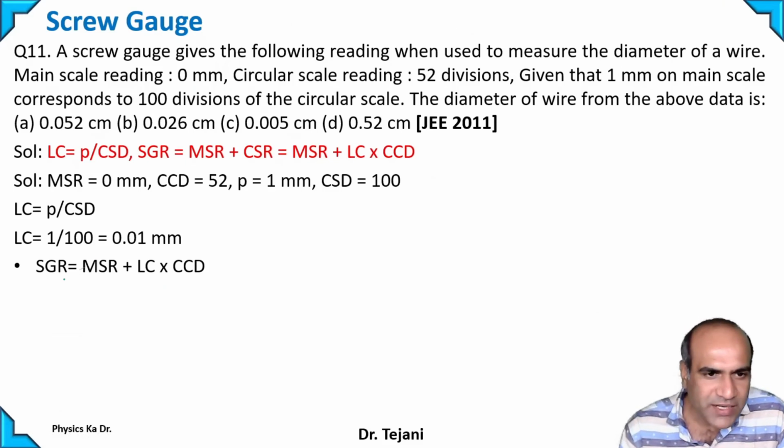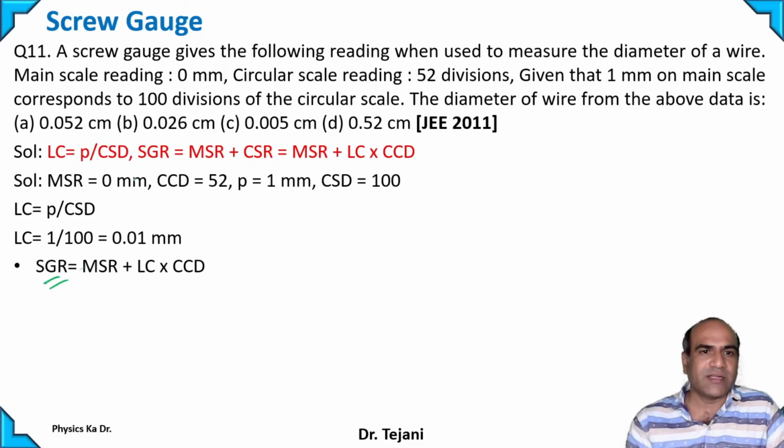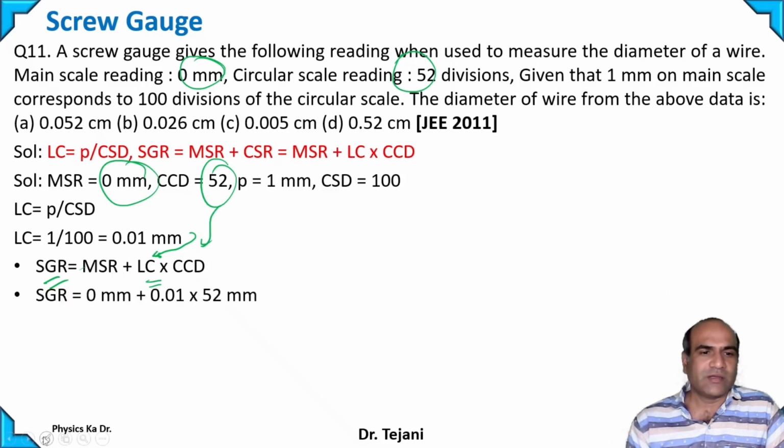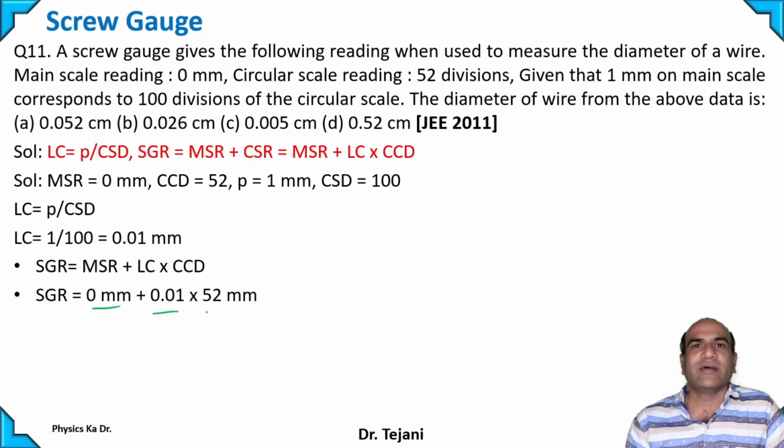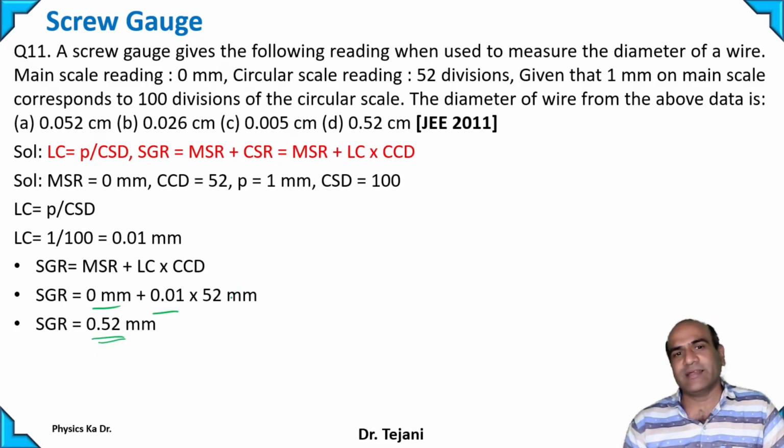Then screw gauge reading is equal to main scale reading, which is 0 millimeter, plus least count times the division which matches, 52. So the answer is 0 plus 0.01 times 52, which is 0.52 millimeter.